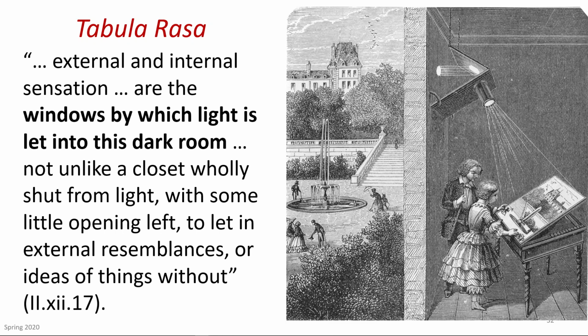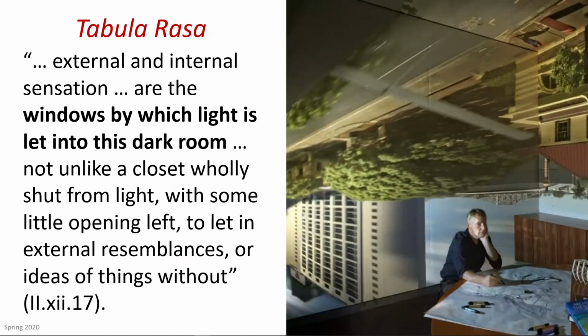Nevertheless, this idea that the mind is a blank slate, a tabula rasa, is the most common way that people talk about Locke's view against innate ideas. And here's just another image of a modern camera obscura, which is to say a dark room into which only a pinhole of light comes through in a way that can project an image.